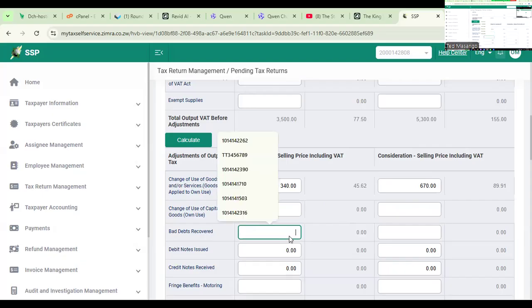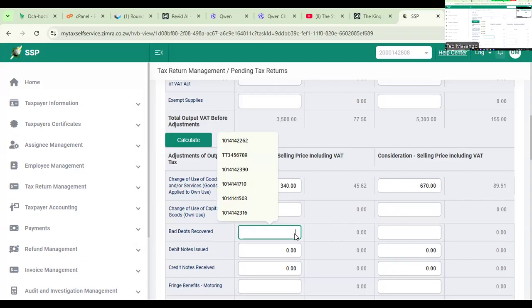Then here, you are supposed to put bad debts recovered, right? You only put bad debts recovered if you claimed those bad debts in your income statement. We haven't touched the income statement or the income tax return.